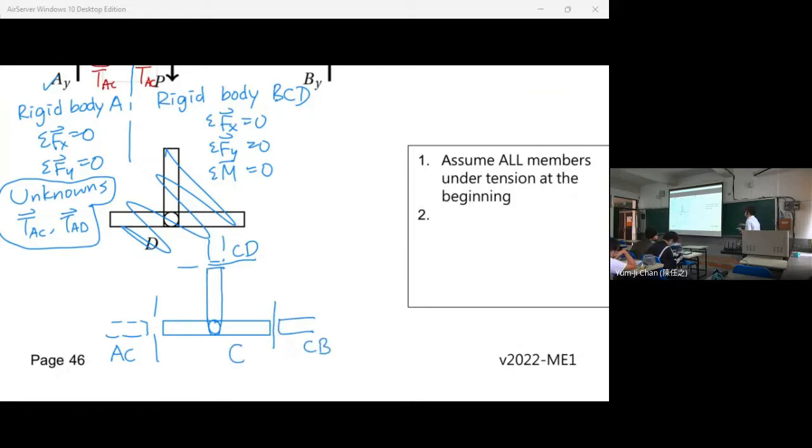So we can do the same for point C, and we will have TAC here, and TCD here, and TCB here. So we can determine TCD and TCB because we know TAC from the last one.